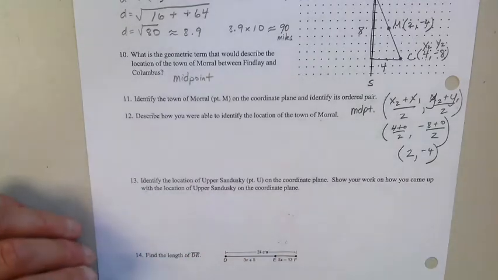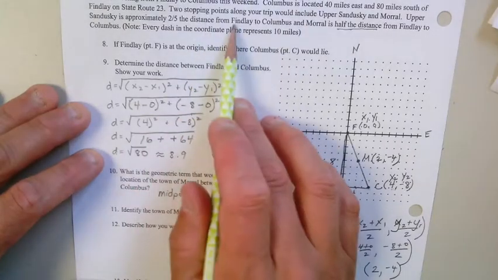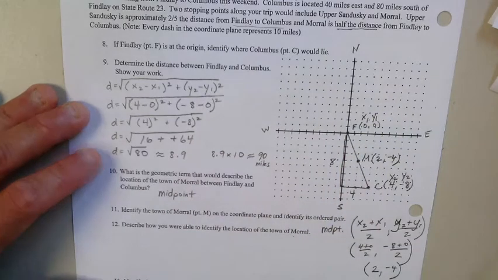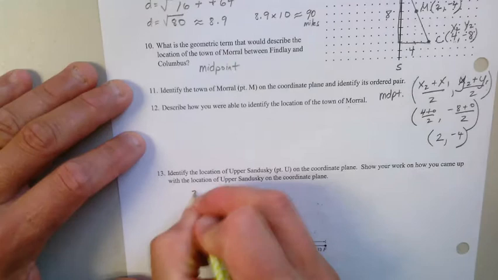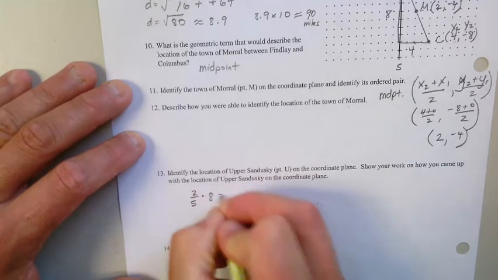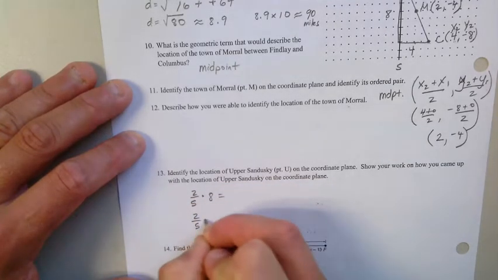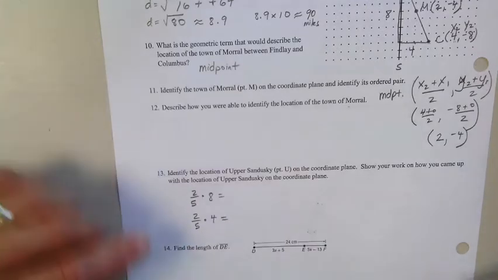Okay, so it's 2/5 the distance, what did it say? 2/5 the distance from Findlay to Columbus, okay? 2/5 the distance. So what I'm gonna do is take 2/5 of 8 and 2/5 of 4, okay?